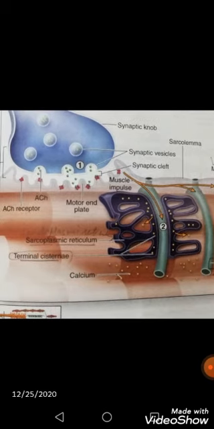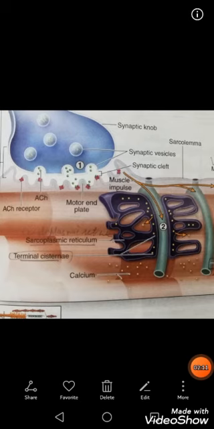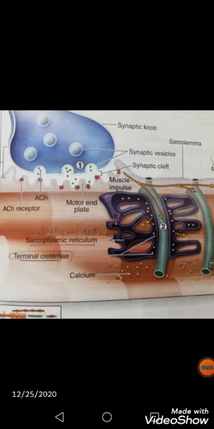And now what are these T-tubules? Let me tell you that the sarcoplasmic reticulum is arranged in a series of repeating network around the myofibrils, and this system, which is called the T system, has numerous tubular invaginations of the plasma membrane.